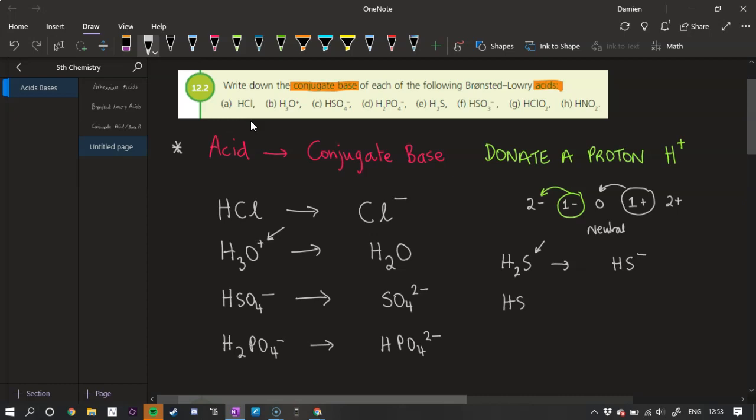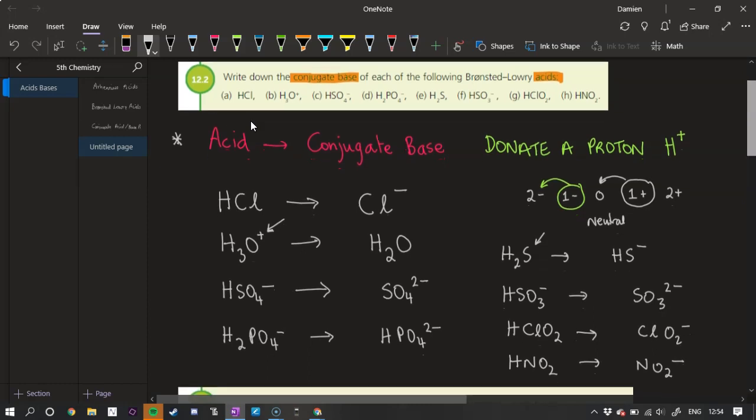And then we've got HSO3-. That's negative as well. So we lose the H, SO3, and then it becomes dinegative because you're losing the positive charge. It becomes more negative. HClO2 is going to give you ClO2-. And then finally HNO2 is going to give you NO2-.